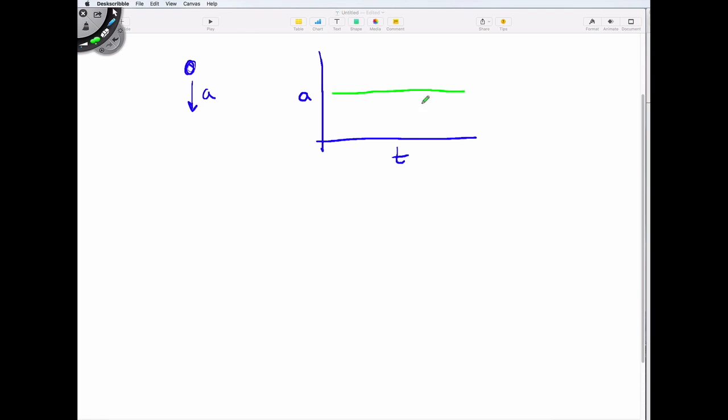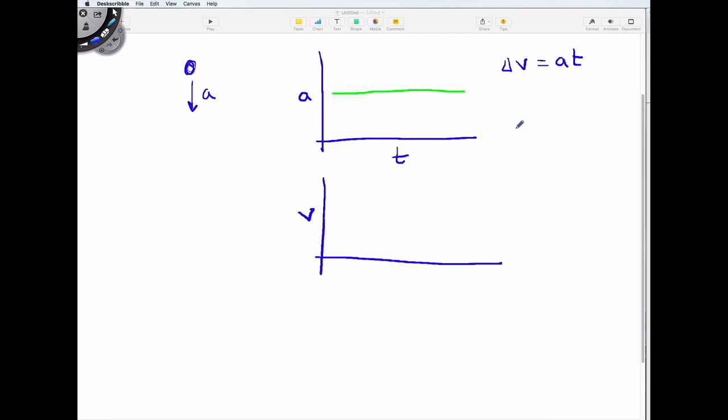Now, what does that mean if we've got a straight line like this? Well, that means that the change in velocity is just going to be the acceleration times our time interval, right? So in other words, we have a linear relationship between the change in velocity and the acceleration. And so I can draw how the velocity is going to look by drawing that relationship.